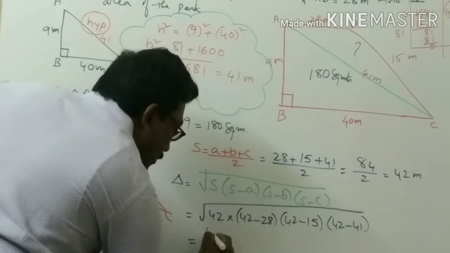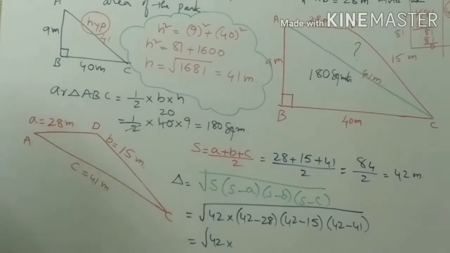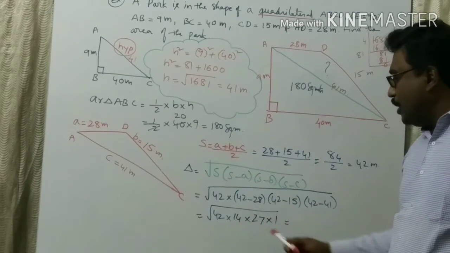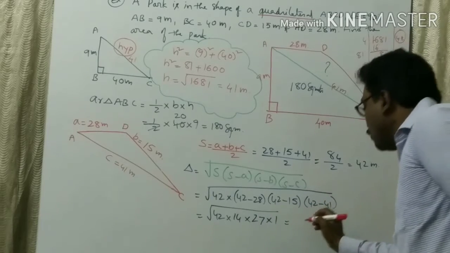Now we will subtract and we will find the root for this. After subtraction, 42 minus 28 is 14, it is 27, and it is 1.